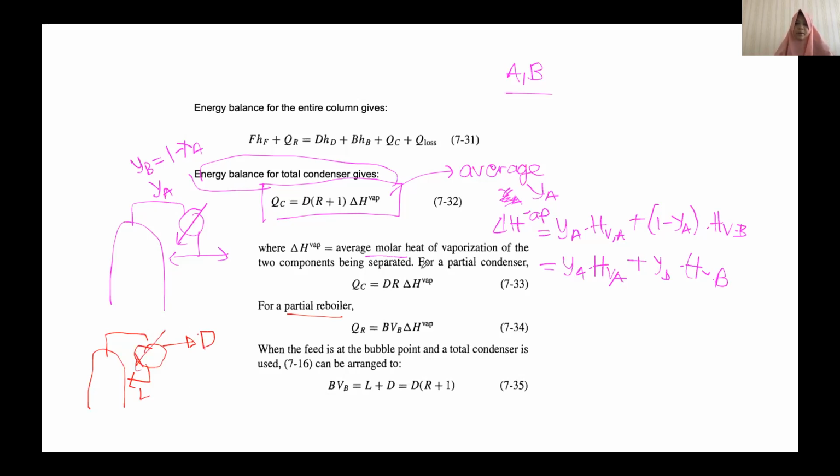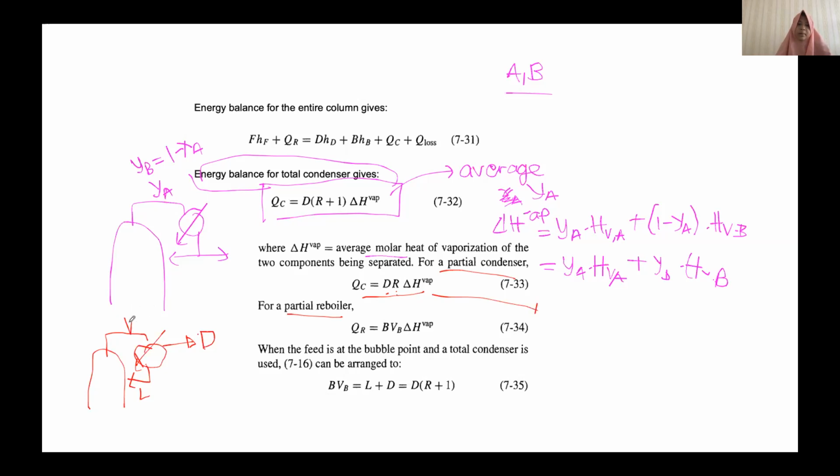So for the partial condenser, the QC would be the distillate, which is the vapor, multiplied by R, the reflux ratio, because this is 1, this is R. So the vapor should actually be R plus 1.